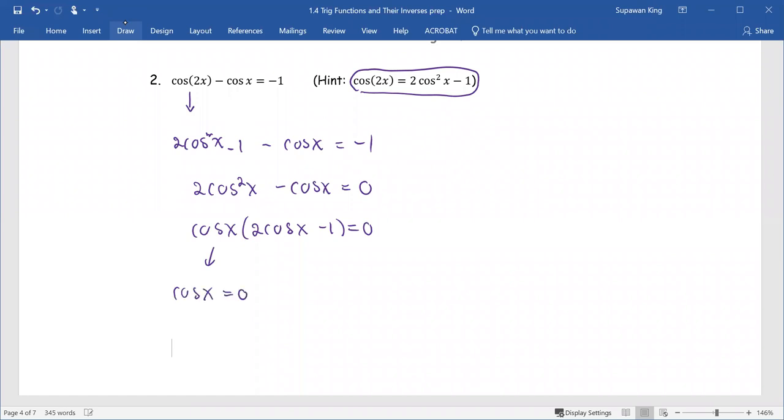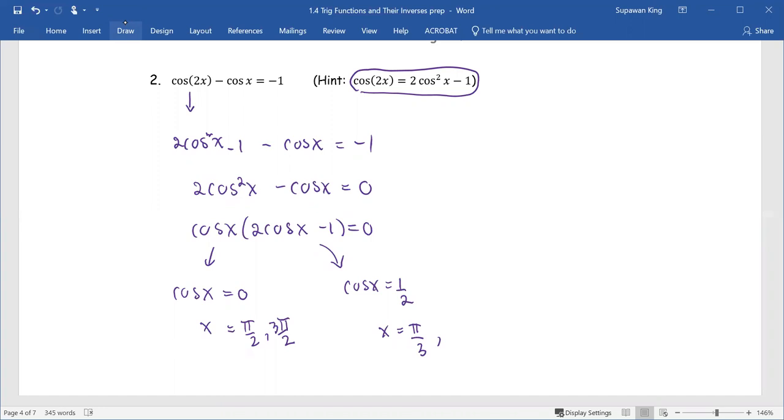Cosine x equals 0 gives us x equals pi over 2 or 3 pi over 2 for the first revolution. The second factor gives us cosine x equals 1 over 2, or x equals pi over 3.